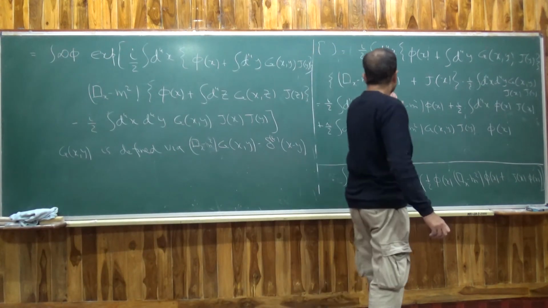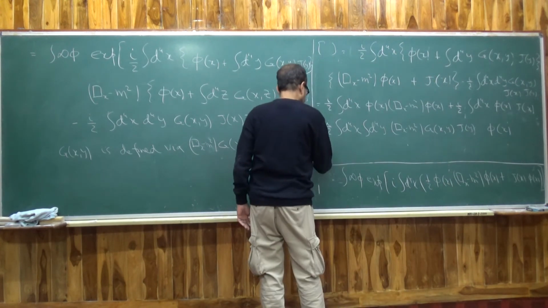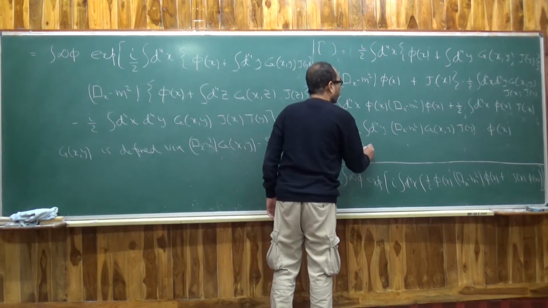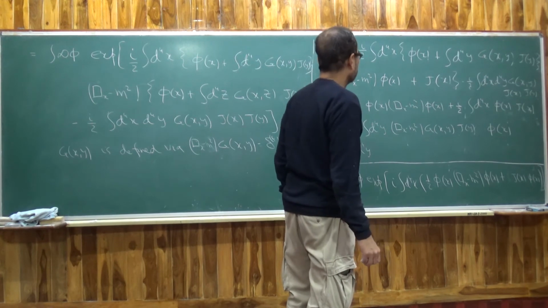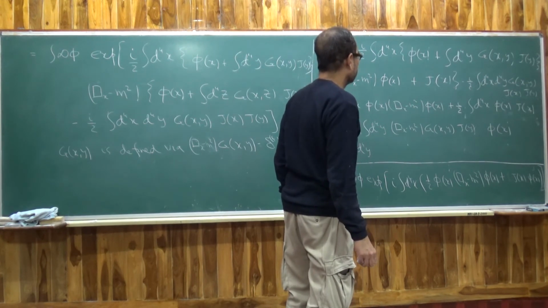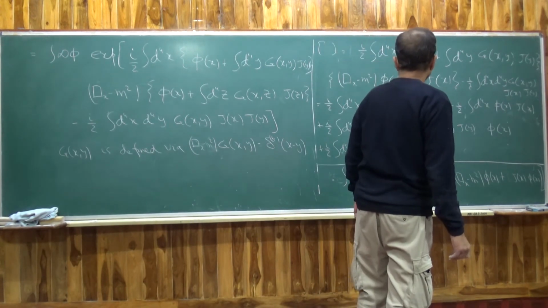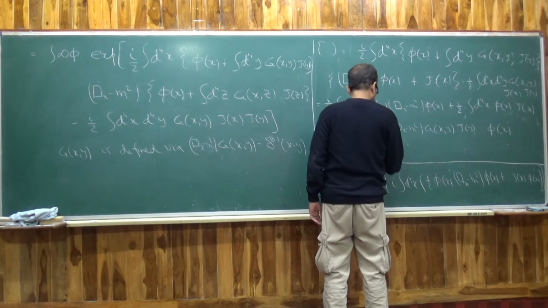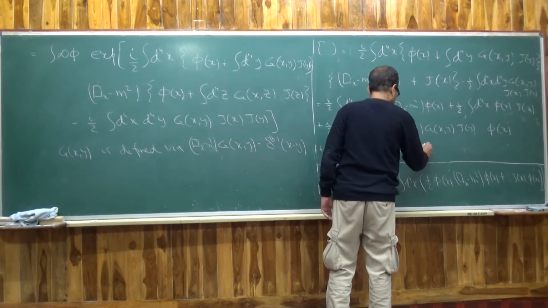Okay. Finally, we have this last term. That's I by 2 integral d4x d4y g of xy g of y g of x.